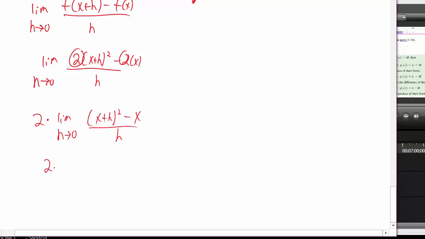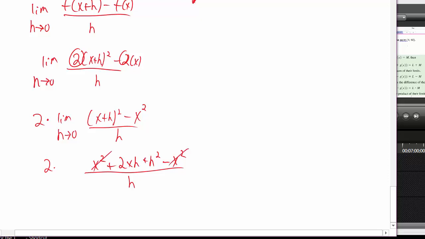We expand this: you get x squared plus 2xh plus h squared. That is just this part. We squared a binomial. Whoops, I left off my squared there. So I'm going to do minus x squared, and then all of this is all over h.